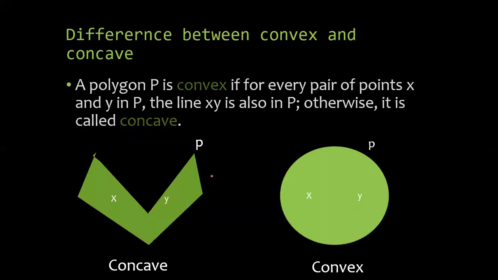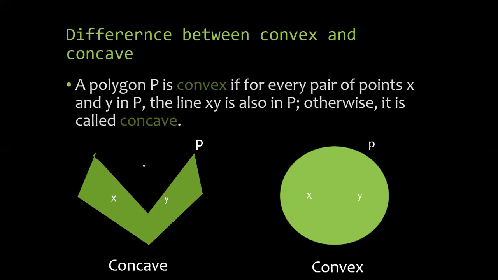Now, what is the difference between convex and concave? Consider two planes, named capital P and small p. We have two points x and y in these planes.